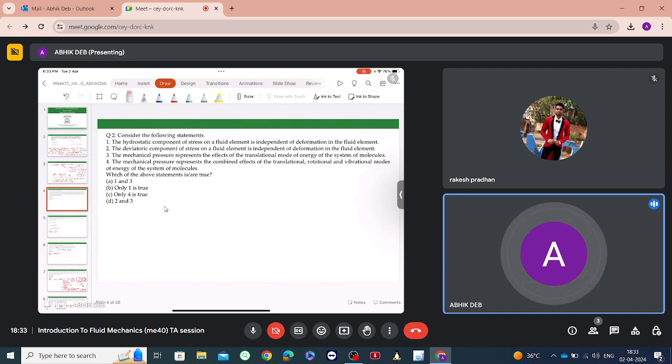The deviatoric component of stress on a fluid element is independent of the deformation in the fluid element. The mechanical pressure represents the effect of translational mode of energy of the system of molecules, and the thermodynamic pressure represents the combined effects of translational, rotational, and vibrational modes of energy of the system of molecules. Which of these following statements is or are true?